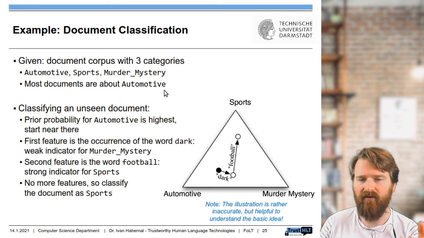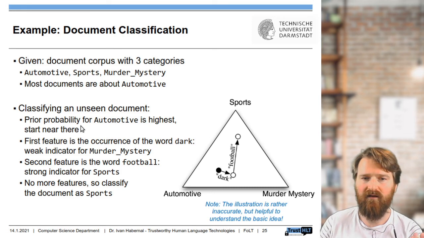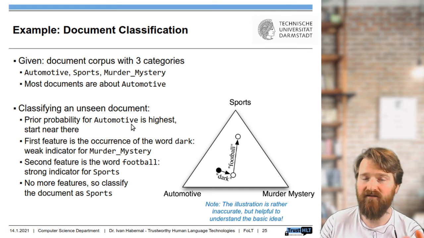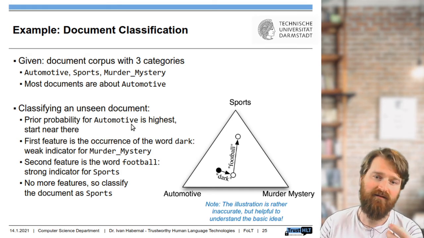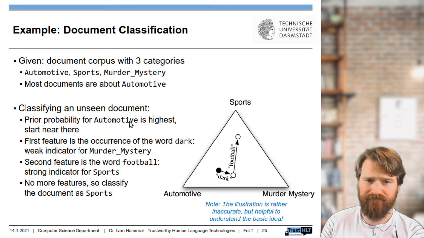So now we have the trained model. If we want to predict the class of a new document, without ever looking into the document, our assumption would be, well, it's automotive because this is the most frequent class. So automotive has the highest prior probability.